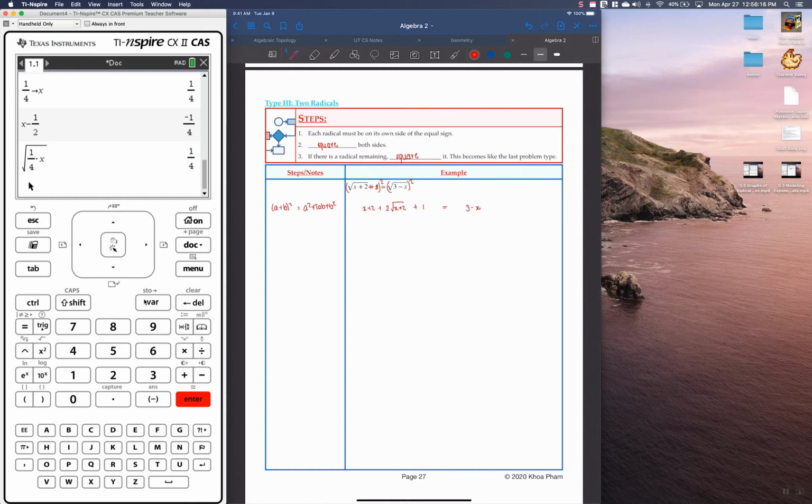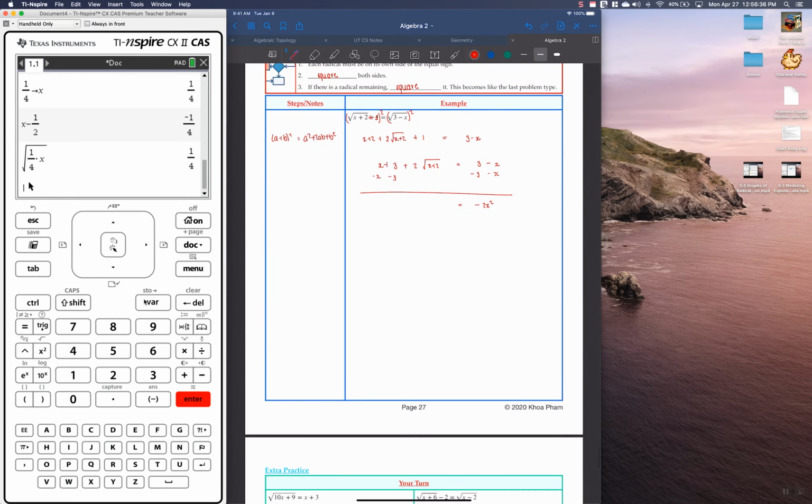And so all in all, this is x + 3 plus 2 square root of x + 2 equals 3 minus x. So here, subtract x from this side, minus x from that side, minus 3 from this side, minus 3 from that side, gives you just negative 2x. I'm sorry, just negative 2x.